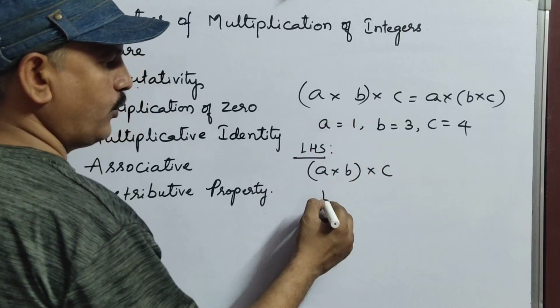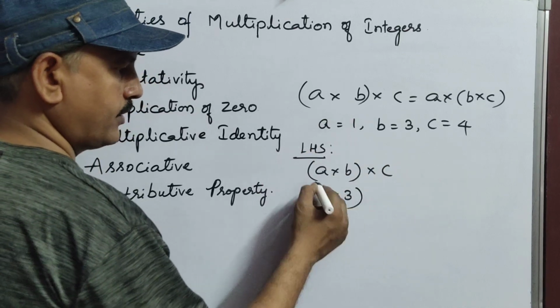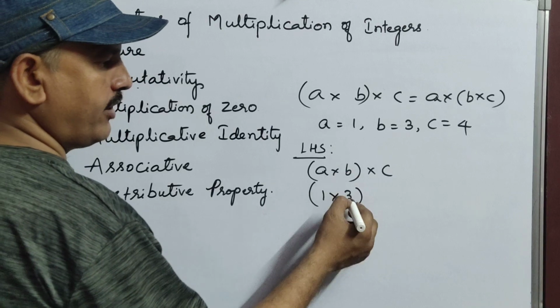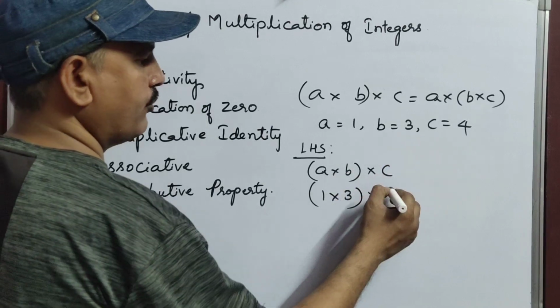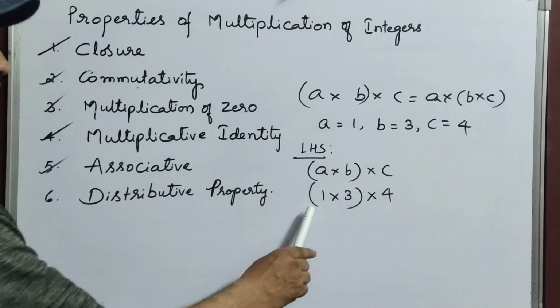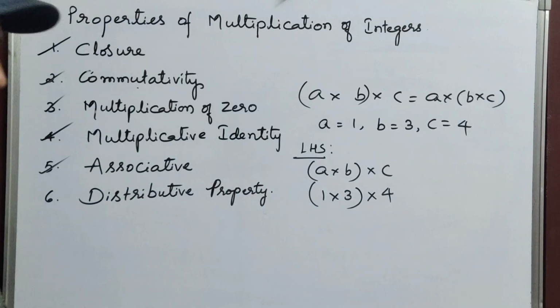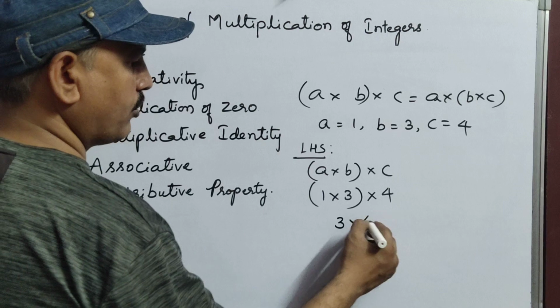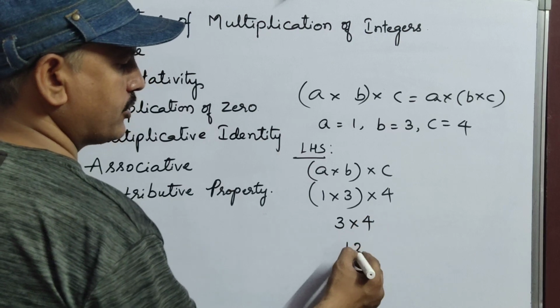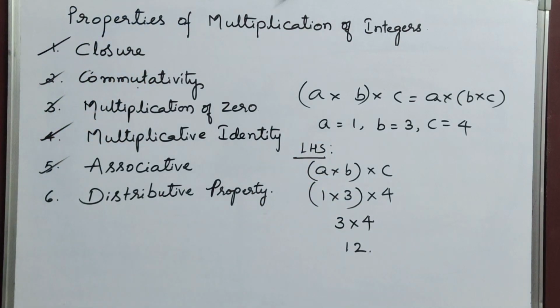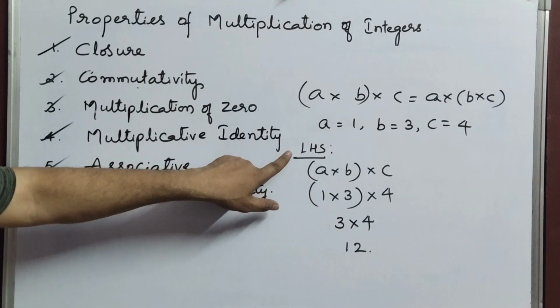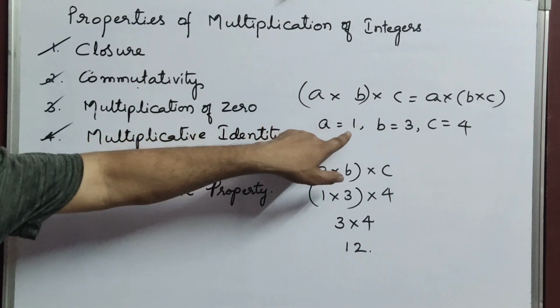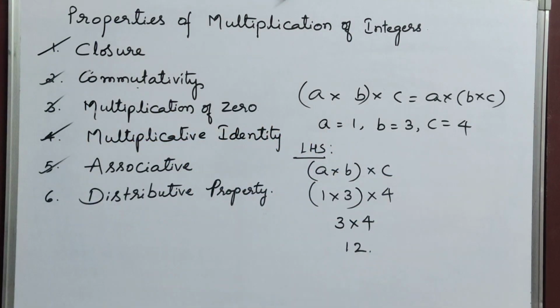So a value is 1 into, b value 3 into c value 4. First, you have to simplify what is there in the bracket. 3 fours are how much? 12. So you got the answer 12 for LHS when you substitute the values a=1, b=3 and c=4.